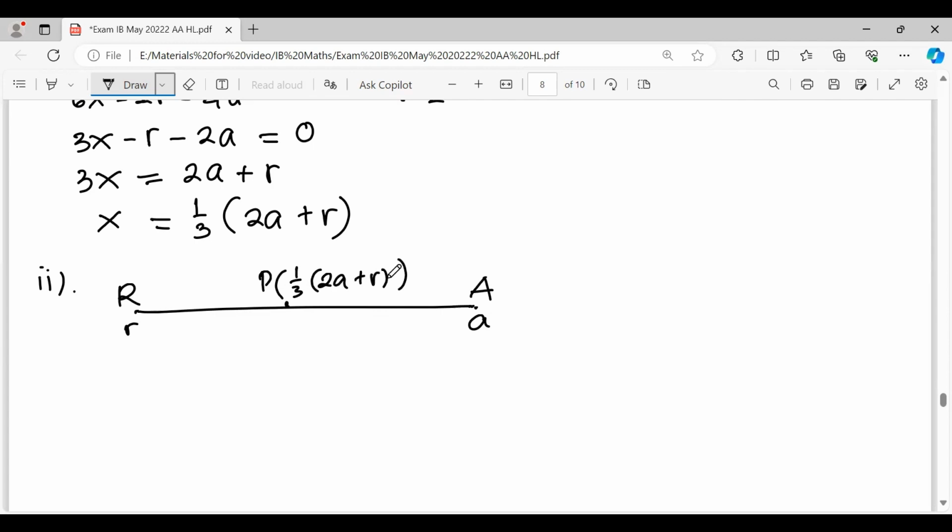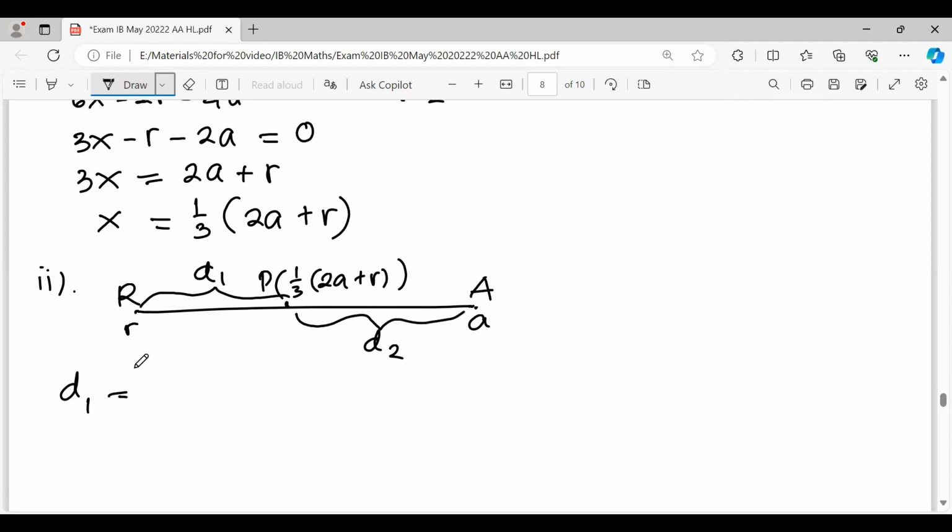Okay. Now we're going to find this distance, which I'm going to name D1, and the second distance here. So we're going to find the first distance, or D1.